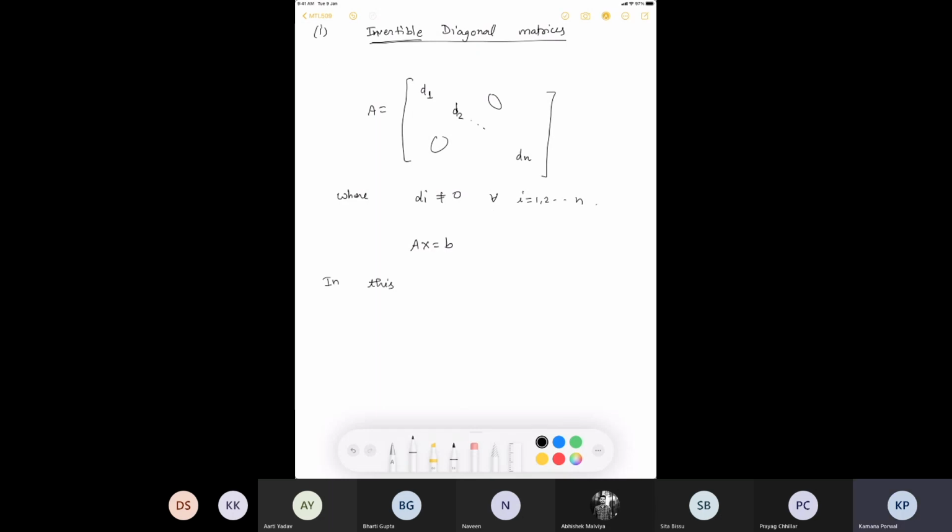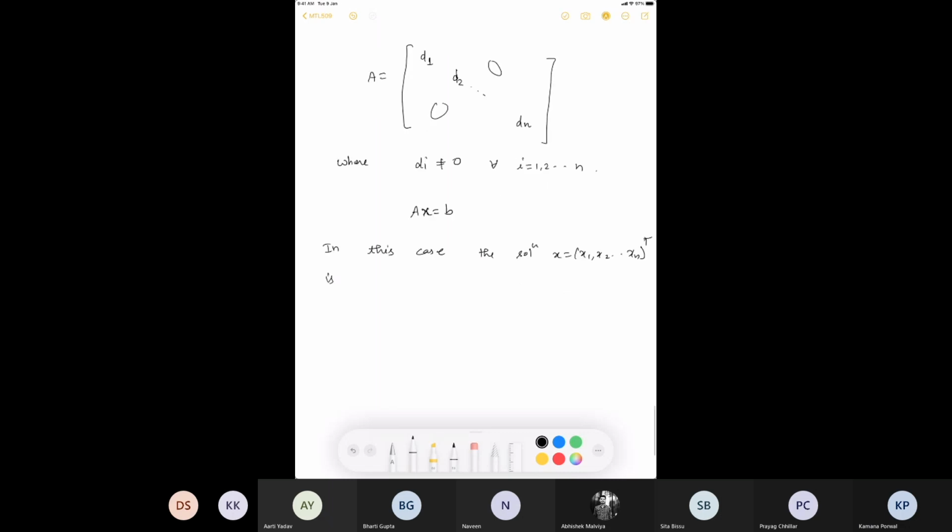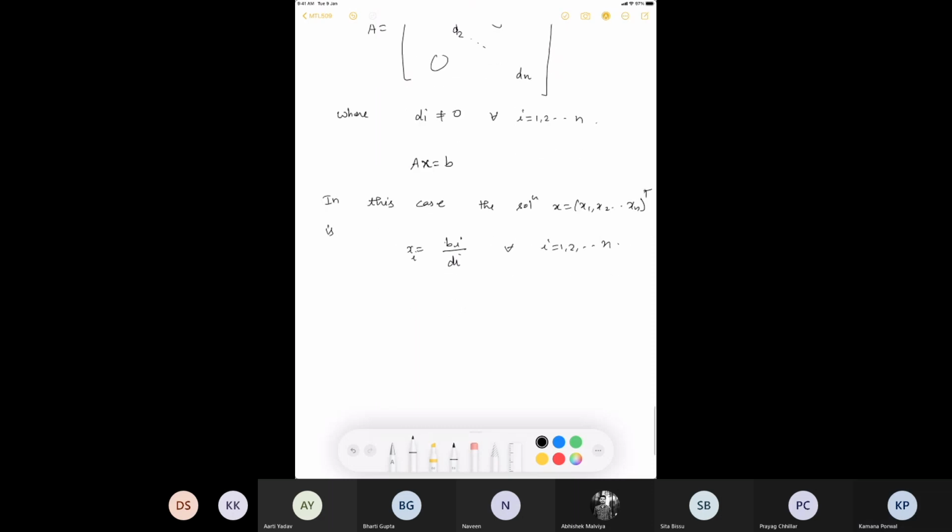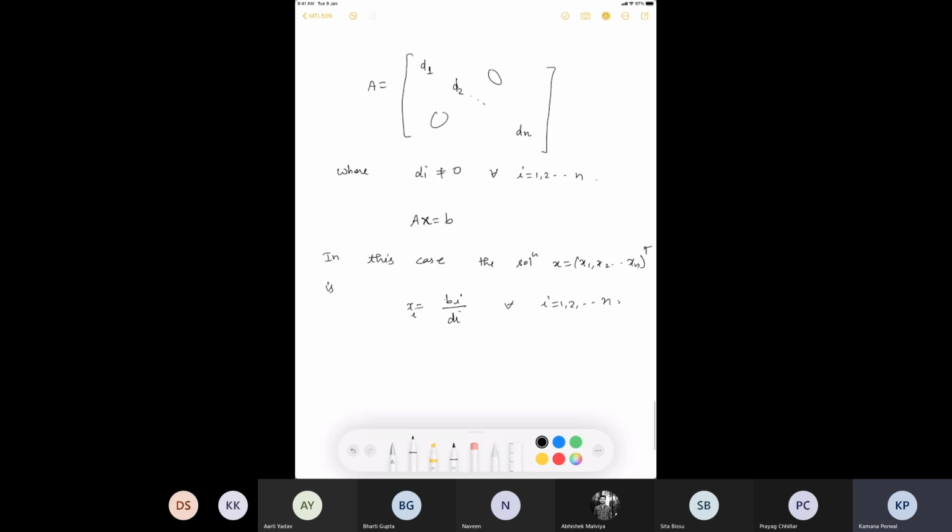So in this case, the solution vector X, we will have xi as Bi divided by Di for all i. Right? So this is the simplest case. If you have A as a diagonal matrix, you can easily solve it.